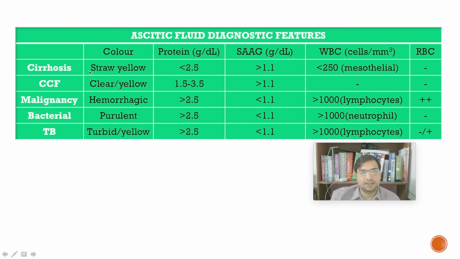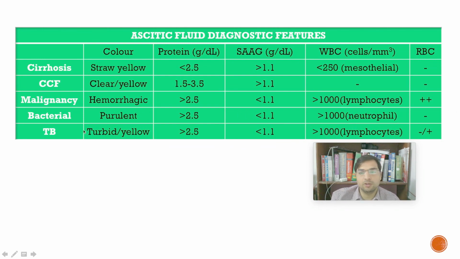Then malignancies: the color will be hemorrhagic, bloody, proteins will be greater than 2.5, SAAG score will be less than 1.1, and there will be a huge amount of RBCs and WBCs, right? Similarly, if it is bacterial, the color will be purulent, like the color of pus, dark yellow, proteins will be greater than 2.5, SAAG will be less than 1.1, WBCs will be greater than 1000 in huge amount, and RBCs will be absent, because in bacterial infection there will be more WBCs.